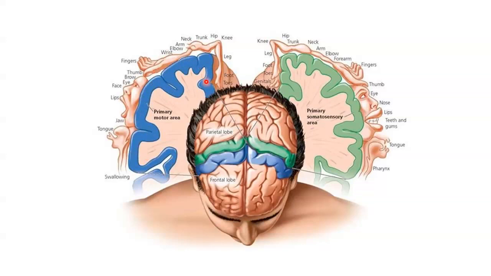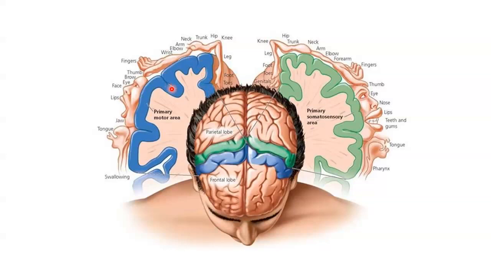Each region of the cerebral cortex here relates to the voluntary contraction of a particular muscle or a particular group of muscles. So if we were to electrically stimulate at any particular point along this primary motor cortex, we would get a contraction in a muscle in the other side of the body.